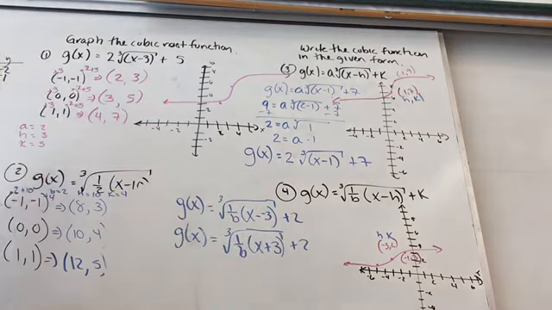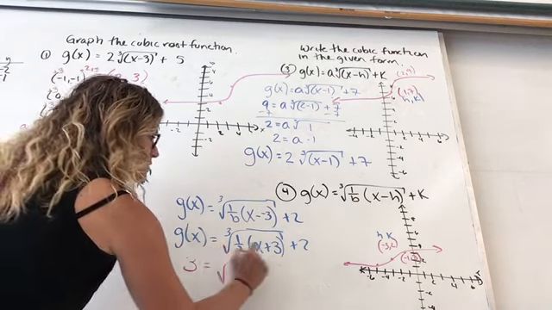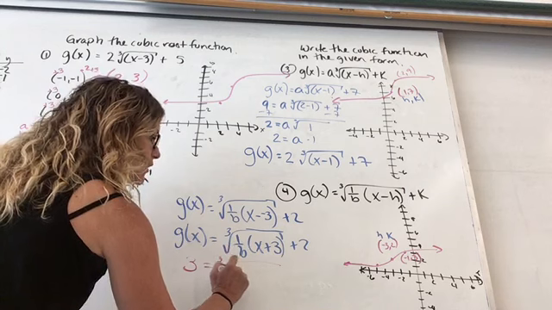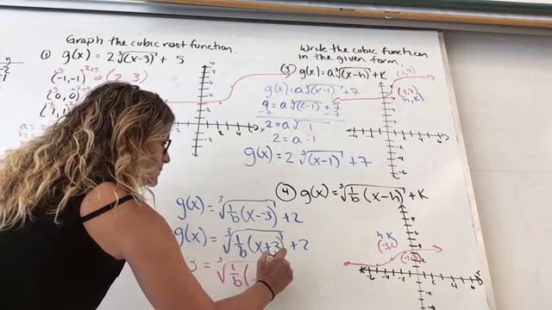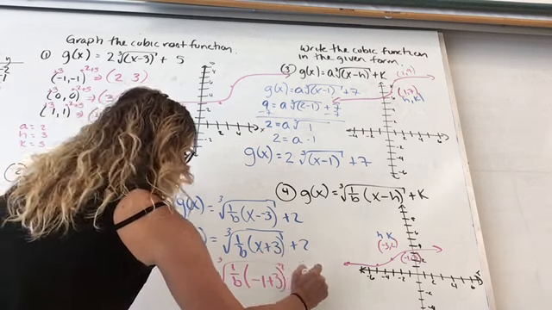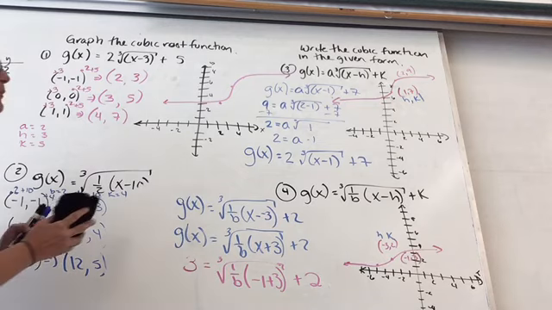And I just like to go back in and clean that up. Now we're going to plug in that other point for x and then g of x. So we get 3 equals the cubed root of 1 over b, and this is negative 1 plus 3 plus 2. I am going to clean up the negative 1 plus 3 and that plus 2.